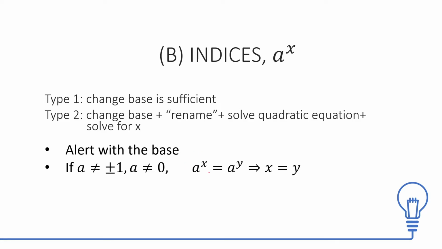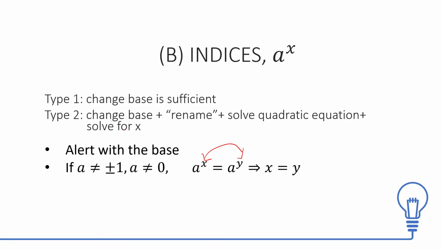When my bases are the same, our index or exponent must be equal. Remember, if a to the x equals a to the y because both bases are similar, then x equals y. It's not that you are cancelling these two; actually you are doing a comparison.